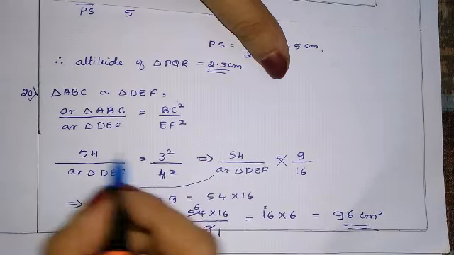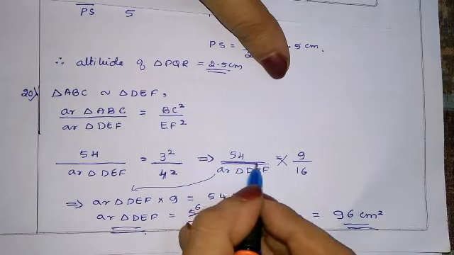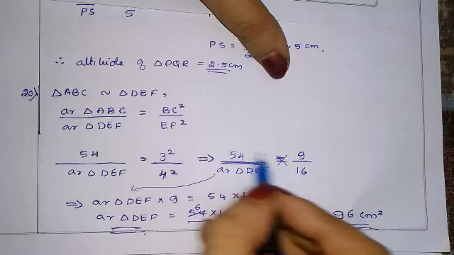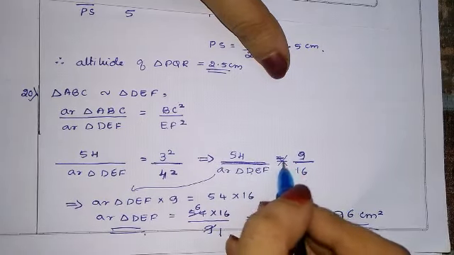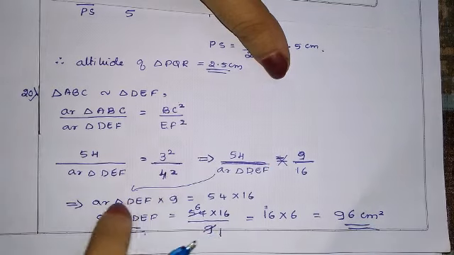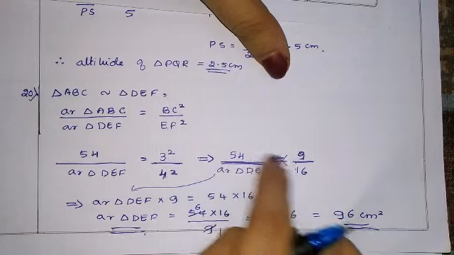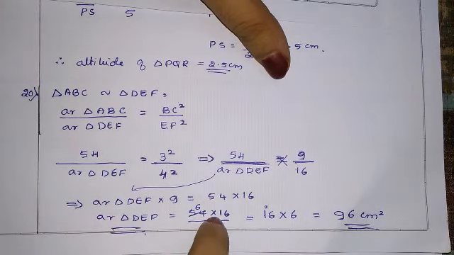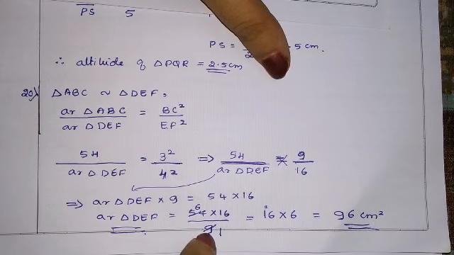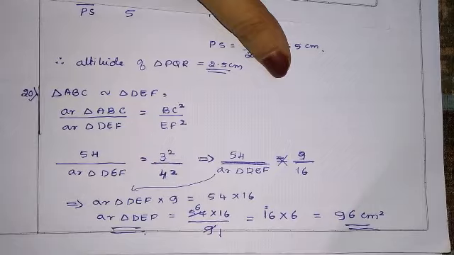Next step, 54 as it is, area of triangle DEF as it is, equal to 3 square is 9 upon 4 square is 16. Now cross multiply: area of triangle DEF into 9 is equal to 54 into 16. Then area of triangle DEF is equal to 54 into 16 upon 9. So 16 sixes are 96 centimeter square we got.